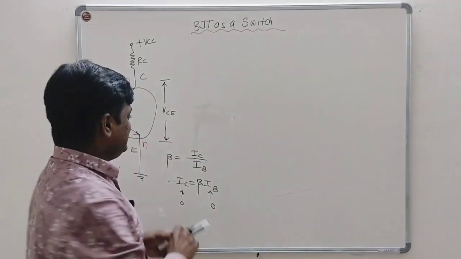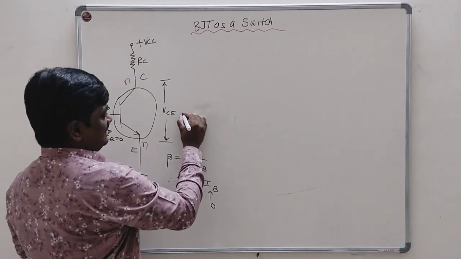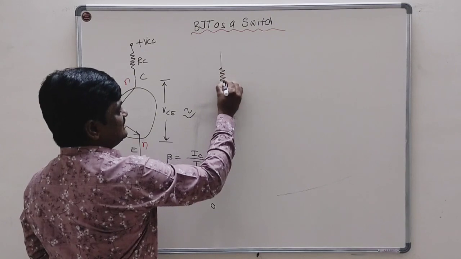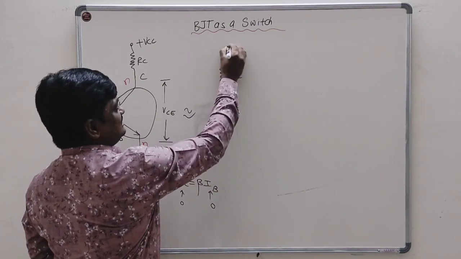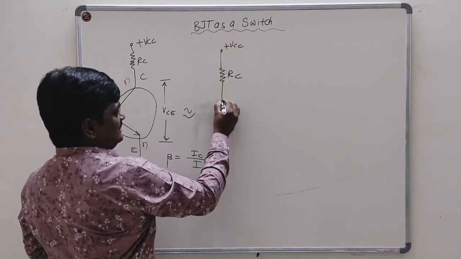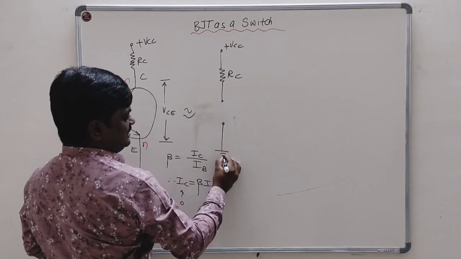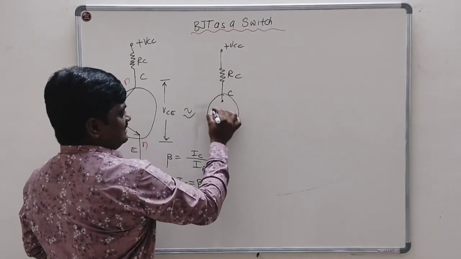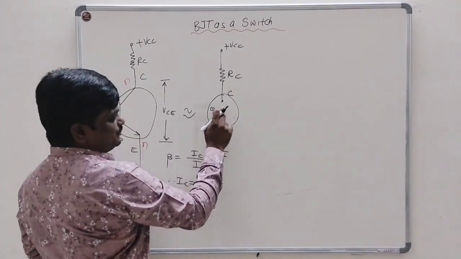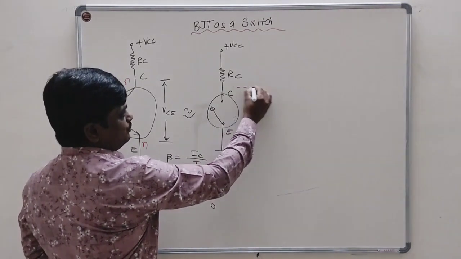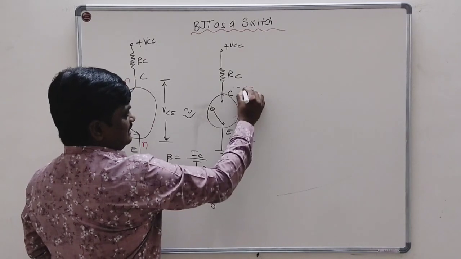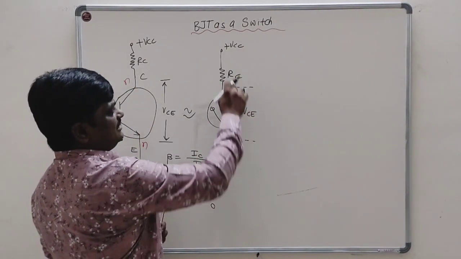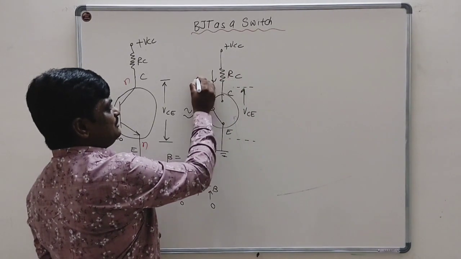Now I can show you its equivalent circuit. Here you will have RC, then plus VCC, then the emitter terminal and the collector terminal, and here the transistor is acting as an off switch. Now, what is the current flowing through RC?